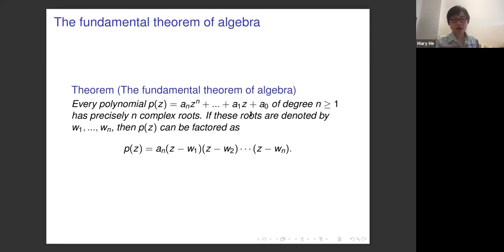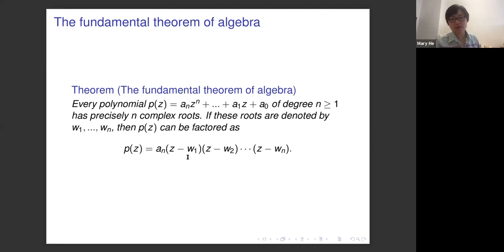And also, if the roots are denoted by w_1, w_2, all the way to w_n, then we can factor our polynomial as the leading coefficient a_n times n brackets, where in each bracket we have z minus a root.